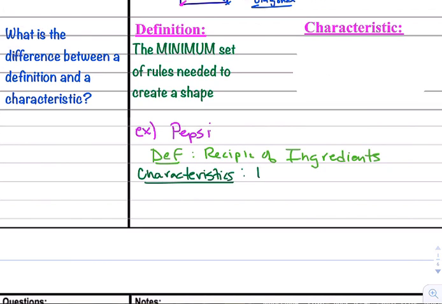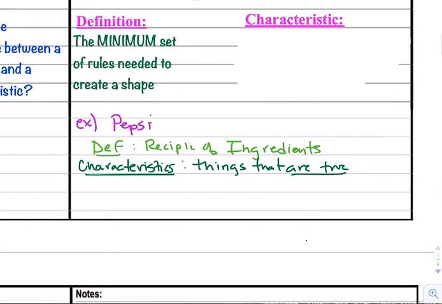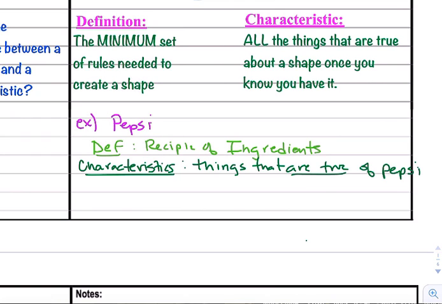And so if you talk about characteristics, characteristics don't have to be unique to Pepsi. Okay? Like it's not true that Pepsi is the only sweet beverage. It's not true that Pepsi is the only cola beverage. These things are true of a lot of things, but they're also true of Pepsi, and that's really what a characteristic is about. And so all the things that are true about a shape once you know you have it.